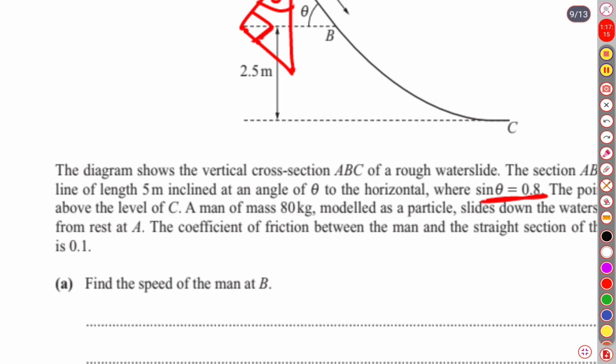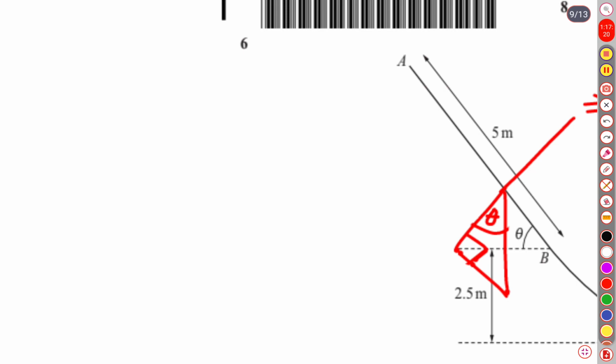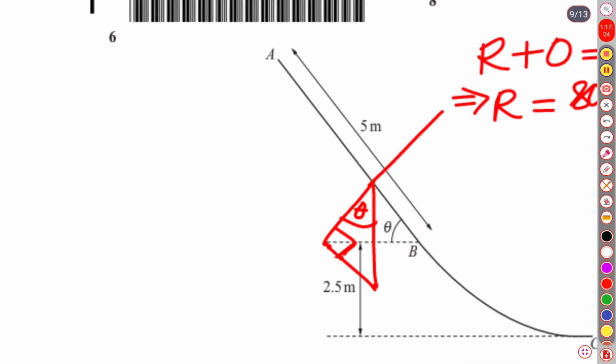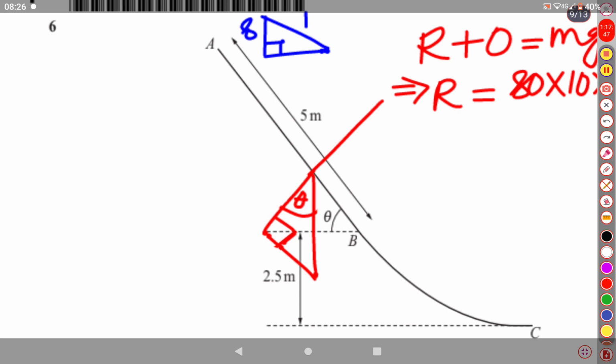Sin theta is 0.8. That means we'll have to draw another triangle. If I draw over here using different ink, look at this. It is written that sin theta is 0.8. That means our vertical perpendicular is 8 and 10 is our hypotenuse.